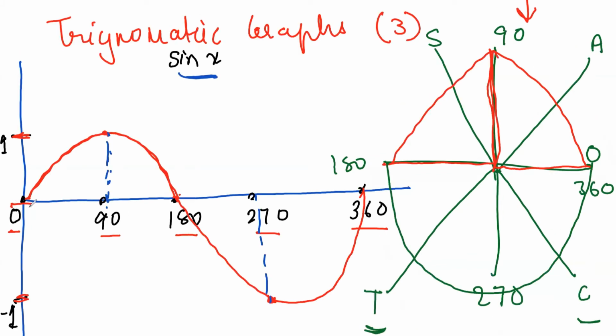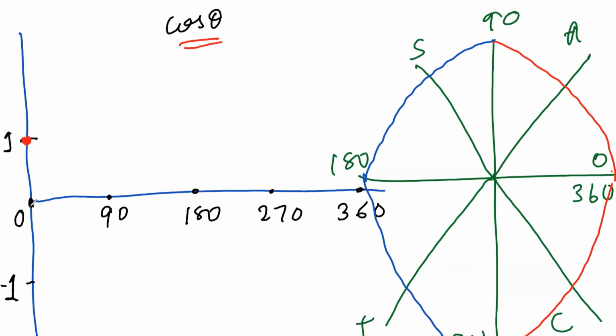From here itself we have made positive, but here it is not positive from 0. So what we will do, from 1 to 90 it is positive. Then from 90 to 180 we can see it is negative, and then till 270 it is negative. See, you can see here, right?